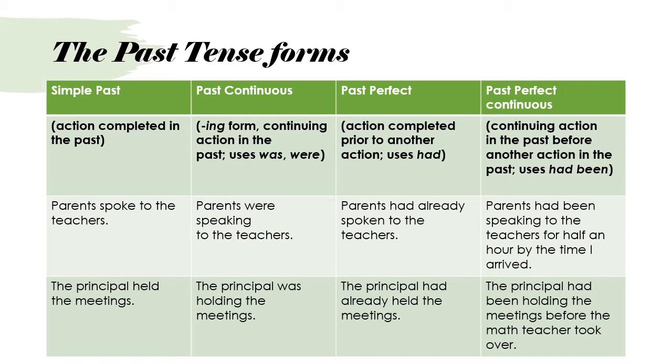It denotes continuing actions in the past. And to denote past, we use the helping verbs was or were. Was is used in singular cases, and were is used in plural cases. For example, parents were speaking to the teachers. The principal was holding the meetings.